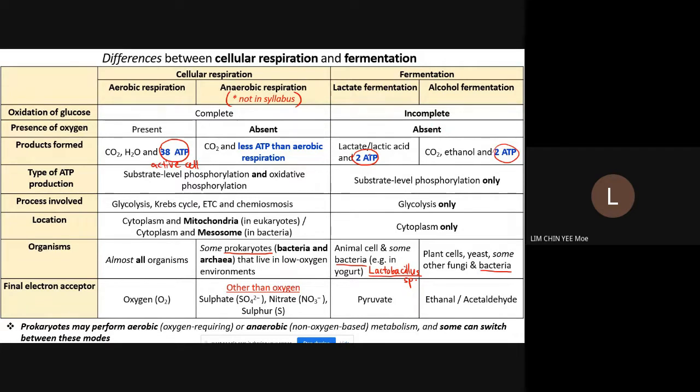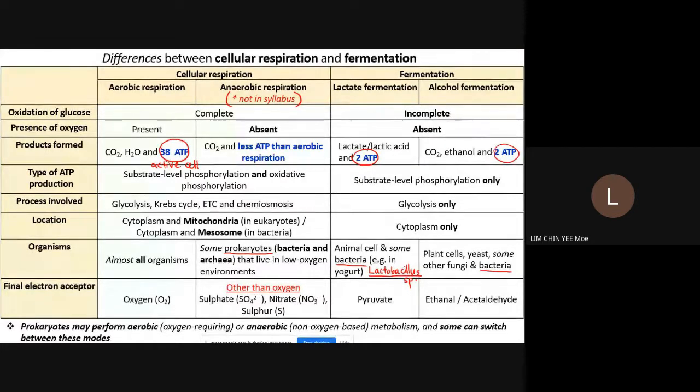That's why in this situation, we don't need to write the word net. Did I make it clear? So when making a comparison, 38 here and 2 here, you can just write 2 ATP. That's fine.